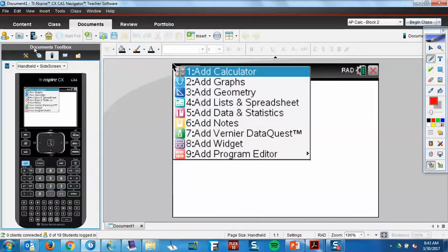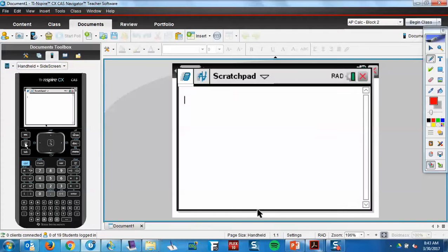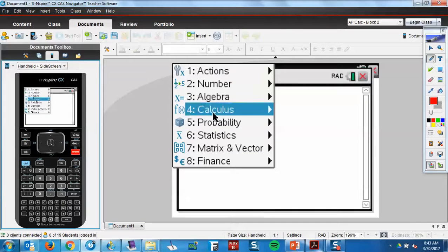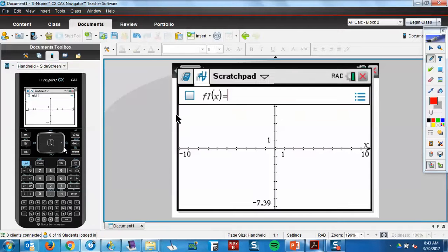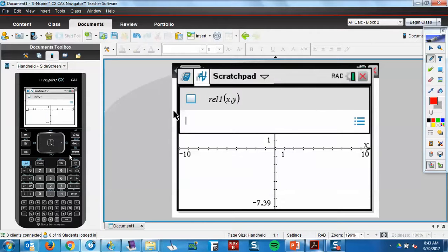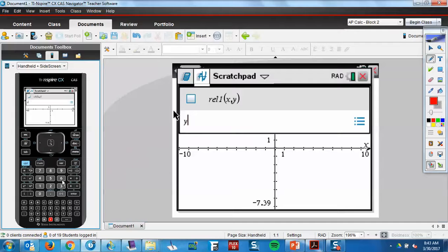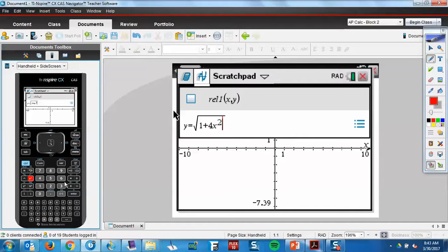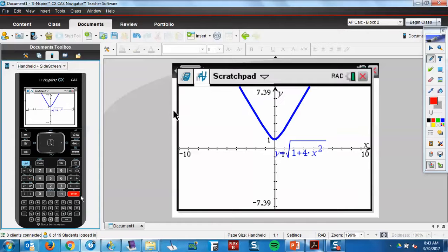I'm kind of intrigued by this relation stream for graphing. I have not done much with this because it was new in the operating system. Okay, there it is right there. Now it's not a parabola, but it kind of has that look to it.